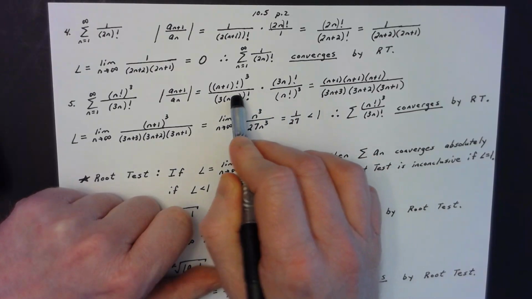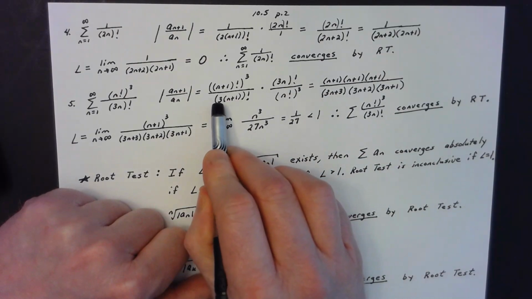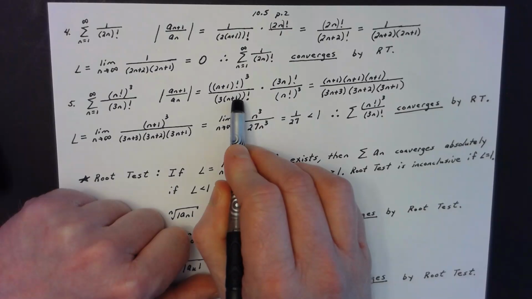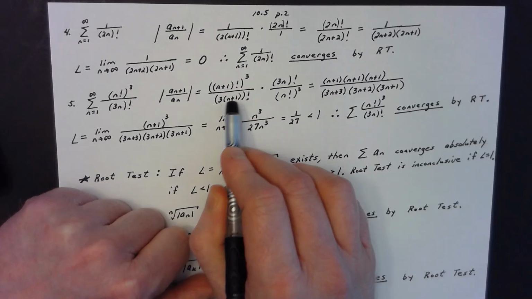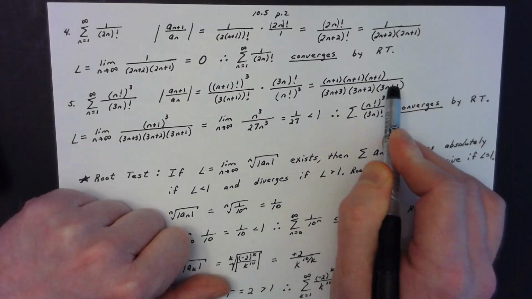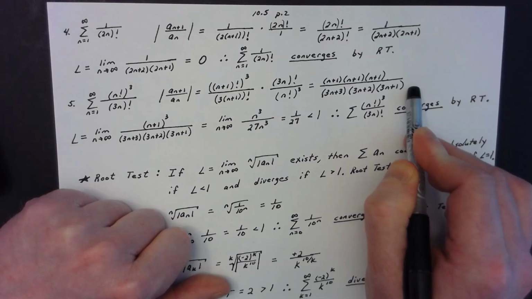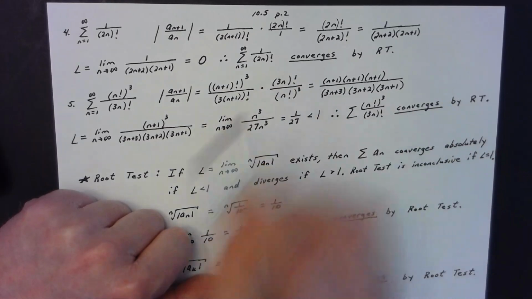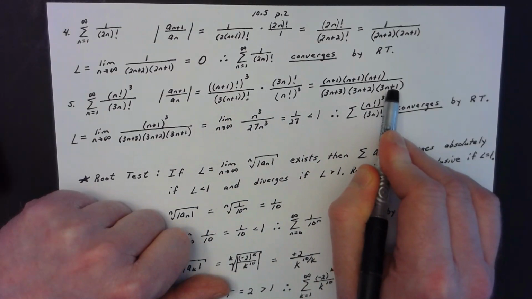Now, when I went from this step to this step, here's what I thought. I know that this 3 times the group n plus 1 is going to be 3n plus 3 factorial. That's going to give me 3n plus 3 times 3n plus 2 times 3n plus 1 times the group 3n factorial. After that, all of it canceled with that numerator, but I still had these terms left in the denominator.